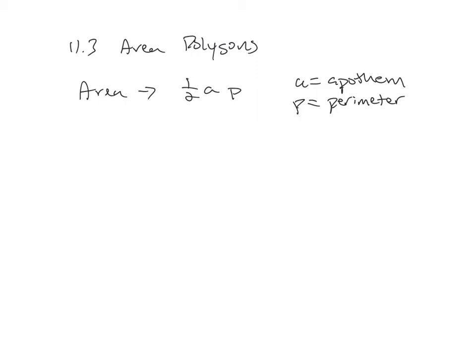So, this formula works with any shape, really. It doesn't have to be like a pentagon or a hexagon or whatever, but it can be. So you just need really those two pieces of information.